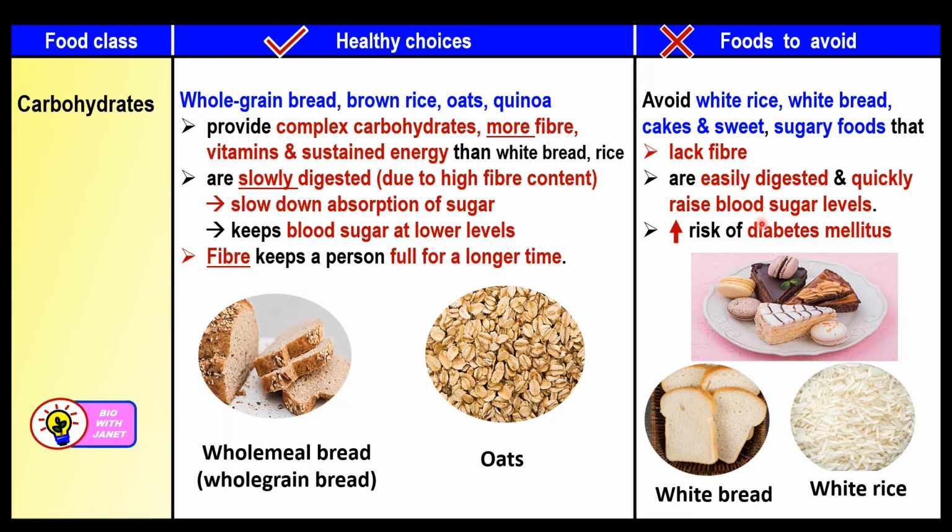So this will quickly raise the blood sugar levels. Okay, and this is not good over the long term, because high sugar levels are very bad for health, and it can increase the risk of a person getting diabetes mellitus. Okay, so eat all these foods, the refined carbohydrates, sparingly.